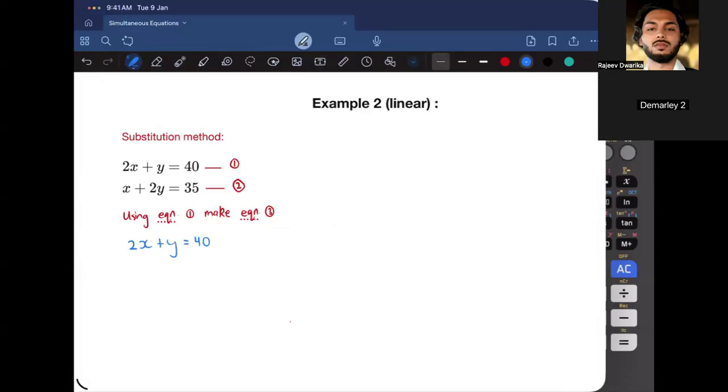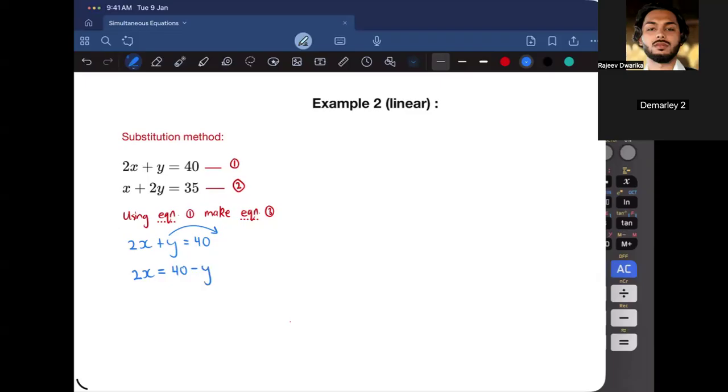Remember, the 2 is tied to the x, so you can't do anything with the 2 just yet. What should not be on the left-hand side? The y. So I should move it across. And so 2x will be equal to 40 minus y.